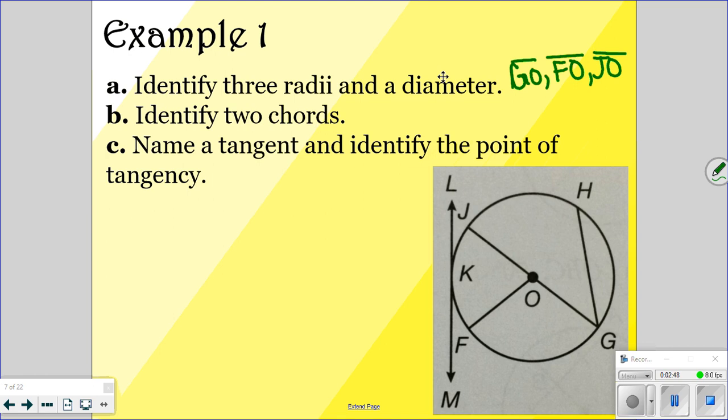And the diameter would be JG, because it's the only one that goes through the center and has endpoints on the circle. 2 chords, one of them is HG. The other one is JG, which is your diameter, and that is allowed for your diameter to be a chord. A diameter is a special type of chord.